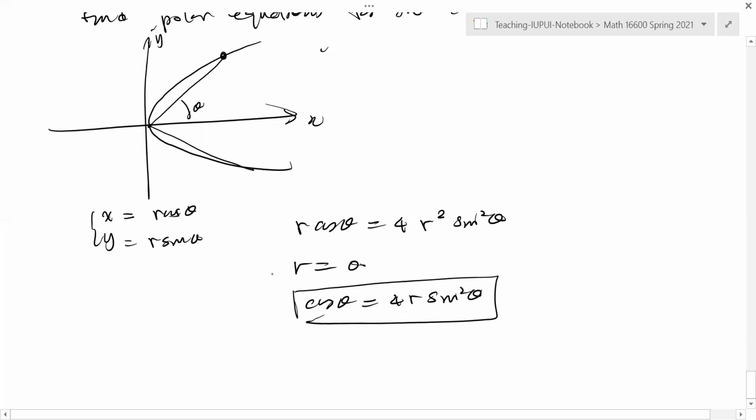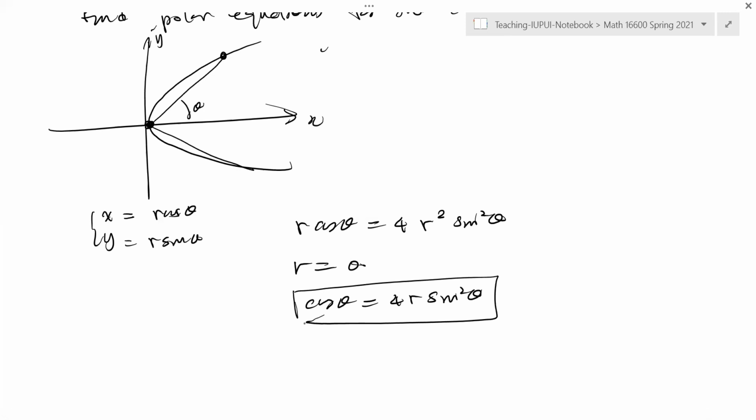R equals 0 only describes one point, so you get two polar equations here actually. The first equation, r equals 0, only describes one point. The second equation, does it also describe the origin? I think when theta equals pi over 2, and so this should be this polar equation. But you don't need to write r equals cosine theta over 4 sine squared theta separately.